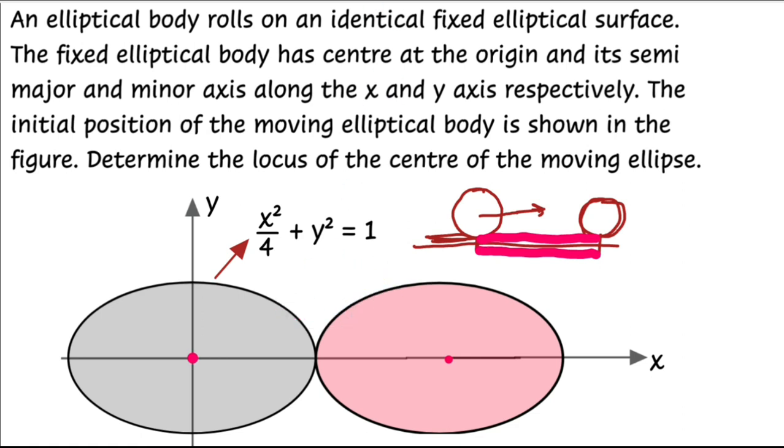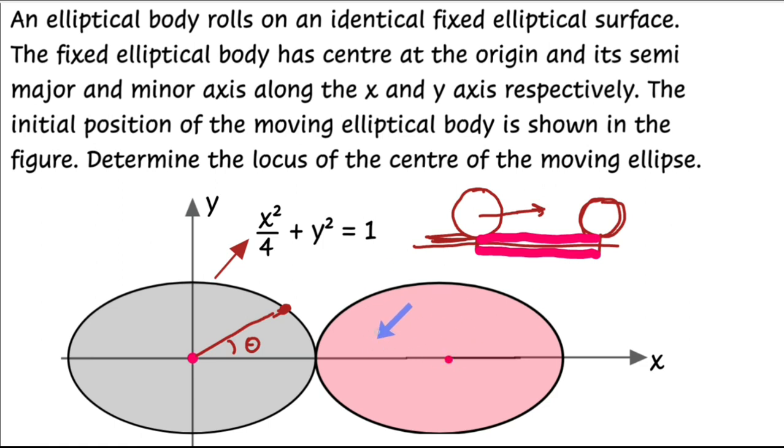One thing we can say from this analogy is that if the contact point at any particular instant is this point here, and that point is making some angle theta with the horizontal, then this point will be contacting the exact symmetrical point on this right ellipse.